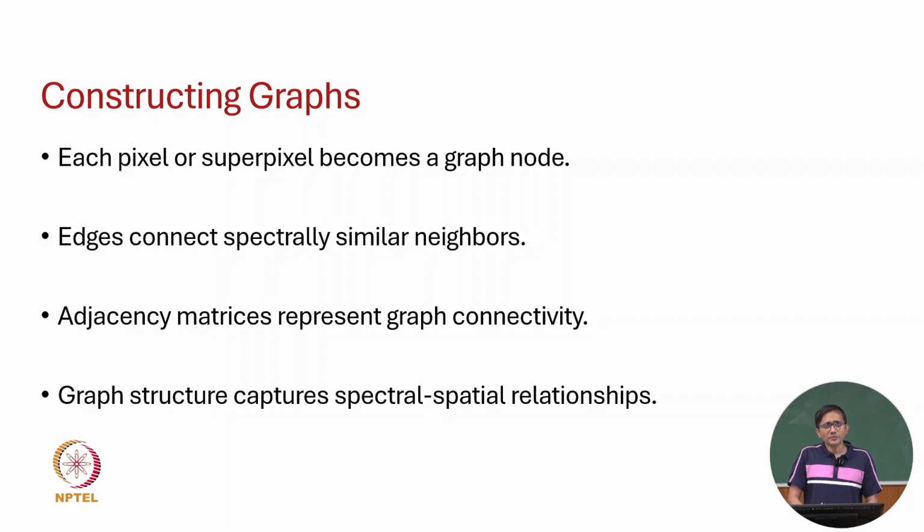Thereby you enable the GNN to also capture the spectral context present in the image, which is very important for the hyperspectral image. Then adjacency matrices will represent the graph connectivity. Thus, the graph structure will capture both spectral and spatial relationships.